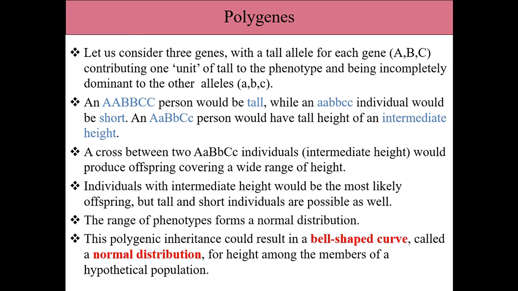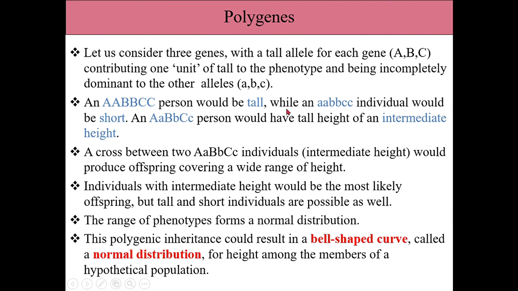So if I read this, we use height as an example. Let's say height is controlled by 3 genes here, A, B, C. If dominant, you will have a capital letter, and for recessive, you will have a small letter a. So if that person, for all genes, receives both dominant copies, that means the person will be very tall.